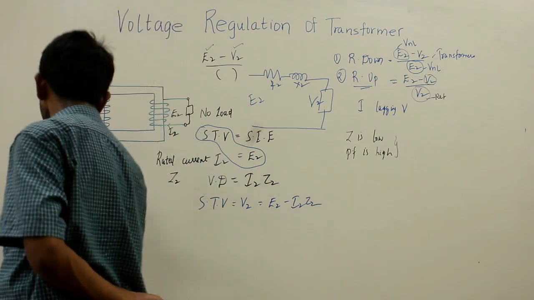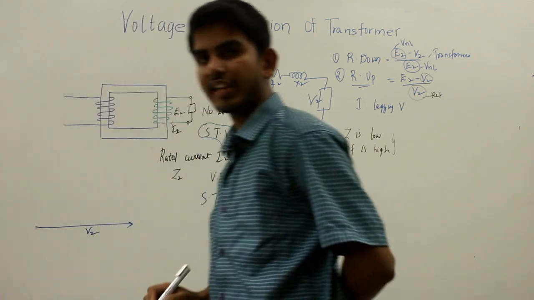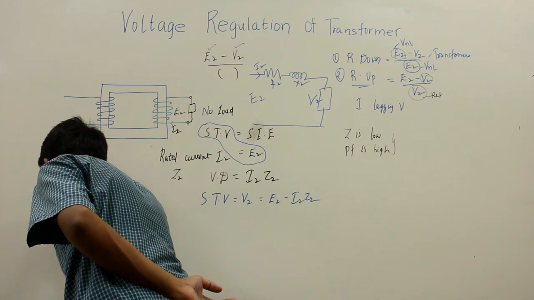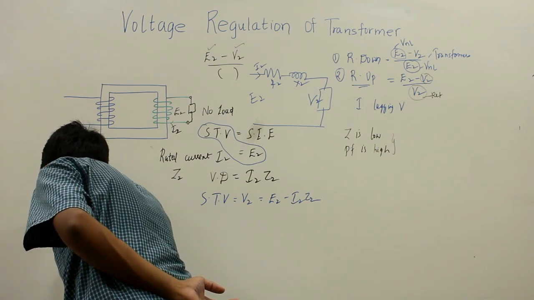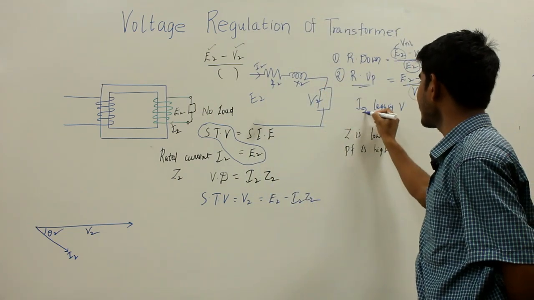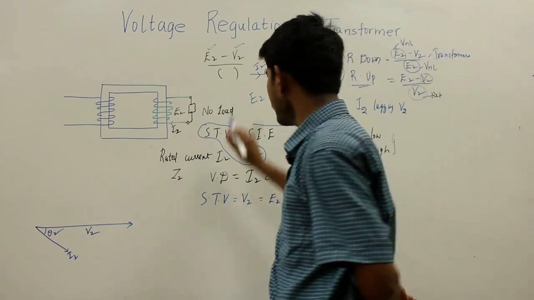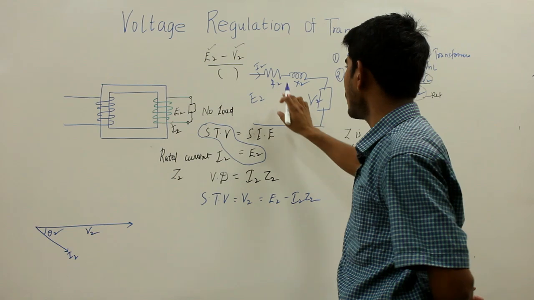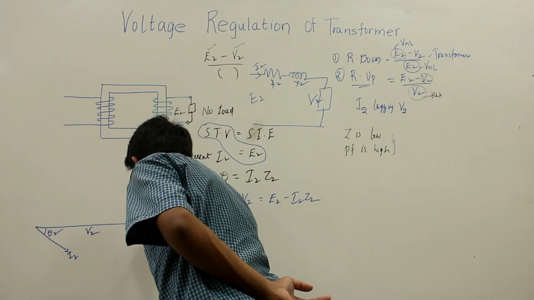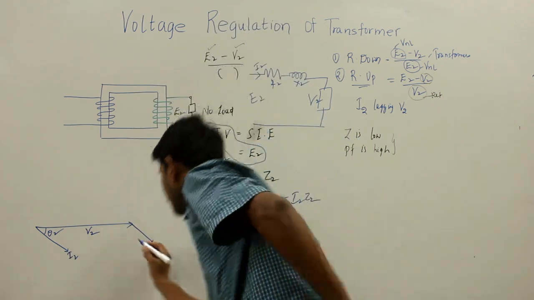So if I say this is your V2, and your secondary current is lagging your secondary terminal voltage by an angle, let us say theta 2. So basically for the lagging power factor, we are considering the secondary current I2 lagging the secondary terminal voltage V2. Now considering the drops, that is I2 R2 and I2 X2, this will be parallel to the secondary current.